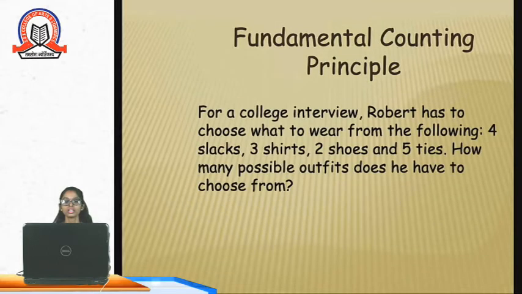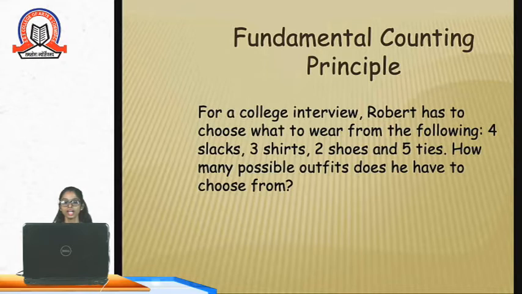Now the second example: for a college interview, Robert has to choose what to wear from the following: 4 slacks, 3 shirts, 2 shoes and 5 ties. The first event is wearing slacks, the second is wearing a shirt, the third is wearing shoes and the next is wearing a tie. All these events are important and between these events there is an AND word.